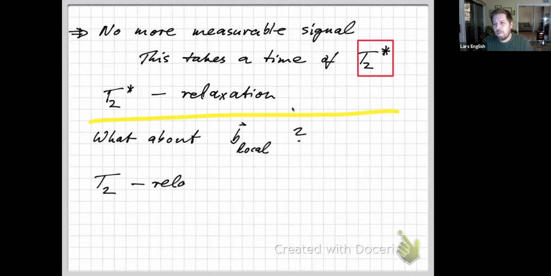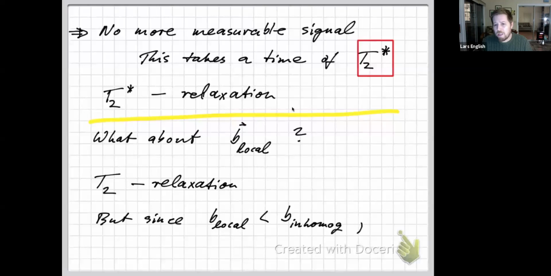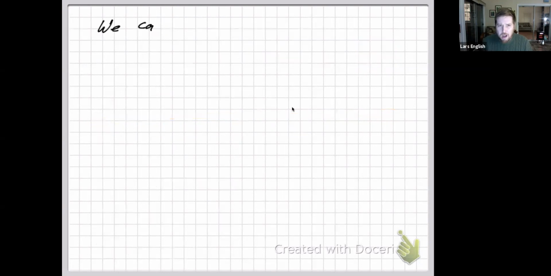But what about the more interesting effect of B local? Well, that would be called T2 relaxation, to be consistent. That's going to take a time T2, but since B local is less than B inhomogeneous, we also get that T2 is longer than T2 star, and that's really kind of a pity because we cannot directly measure T2.